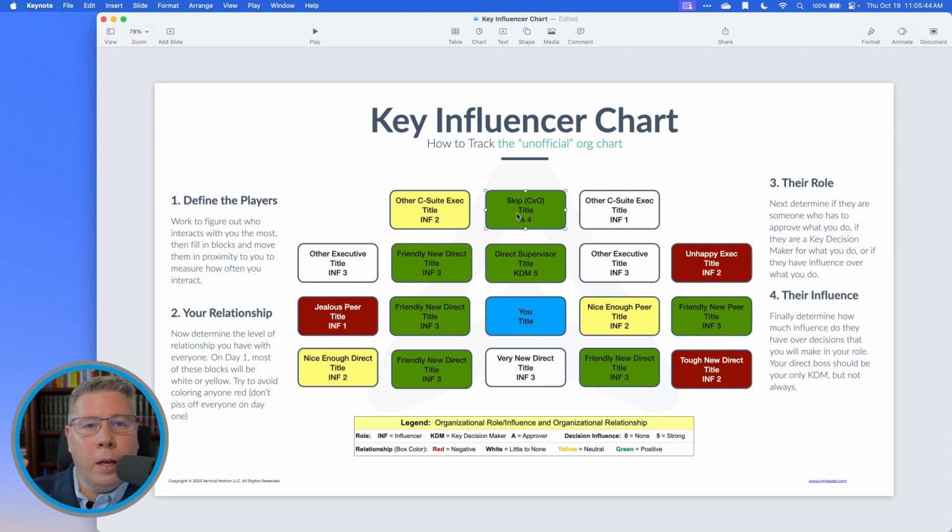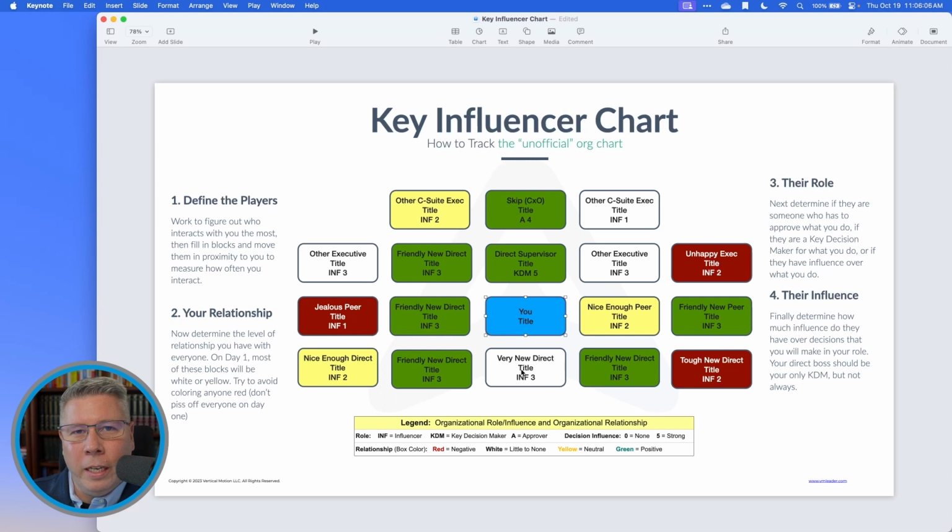You have this person above your direct who is the approver, and then you have the person above you as the KDM, or key decision maker, for your level of authority in the organization. And then you're the one that actually makes the decisions in your role and actually does the work that's in your role. So that's how KDM and approver work.